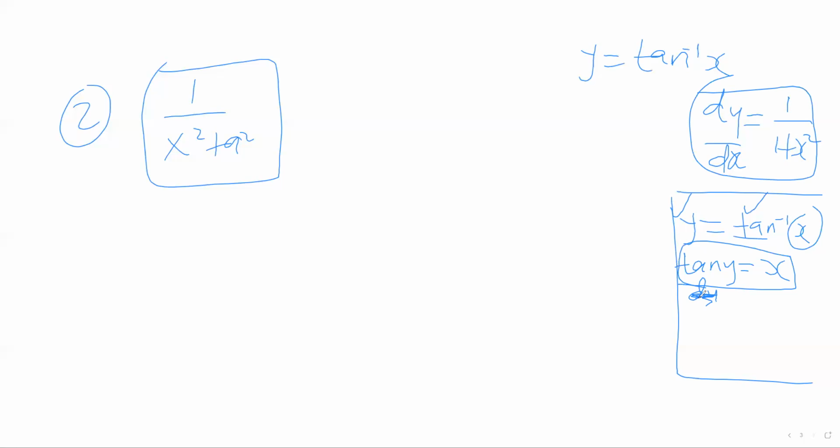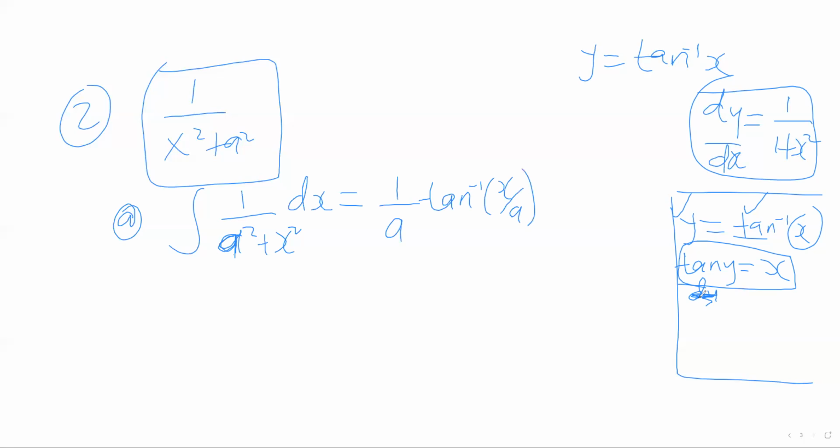If you have a function that looks like this, where a stands for any number, then you just use this criterion: the integral is tan inverse of x over a, plus C. This a is the square root of the number in the denominator.